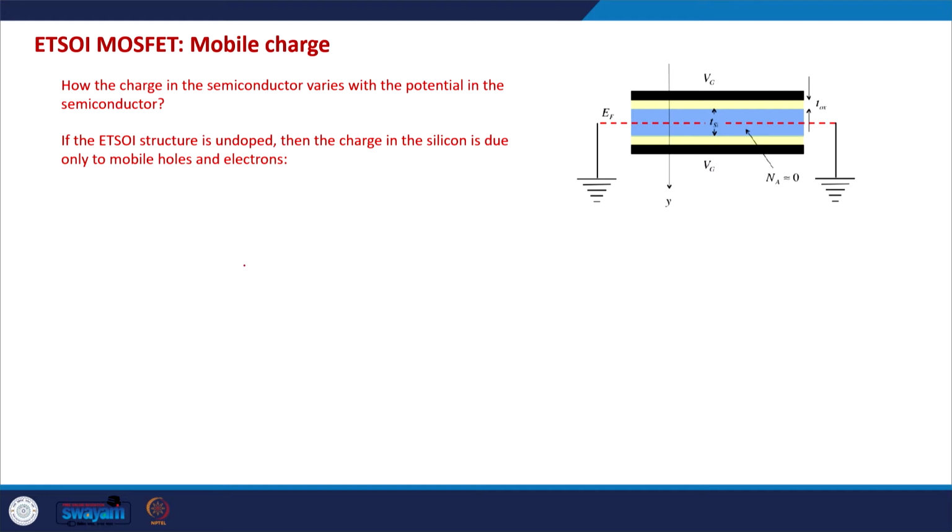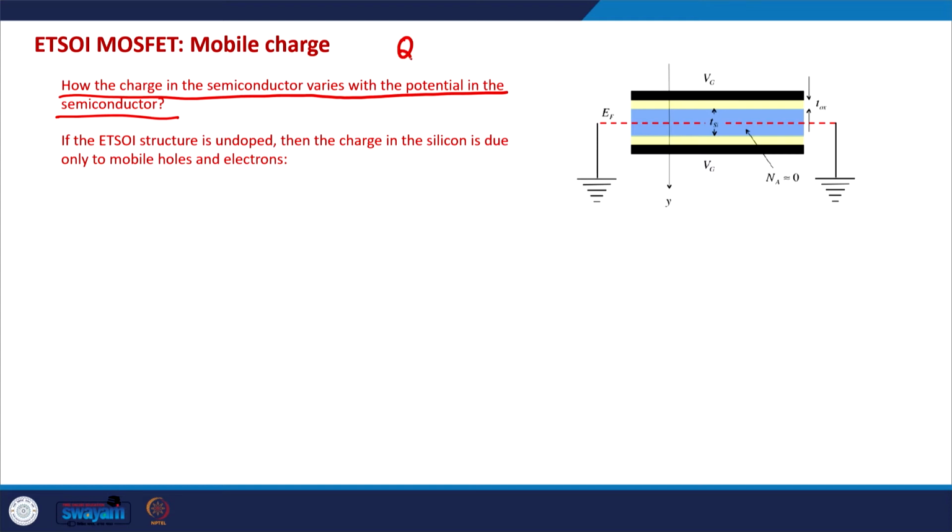And here what we will try to do is understand how the charge in the semiconductor varies with the potential in the semiconductor. The kind of analysis that we did for the MOSFET, we will try to do for DG-ETSOI MOSFETs.